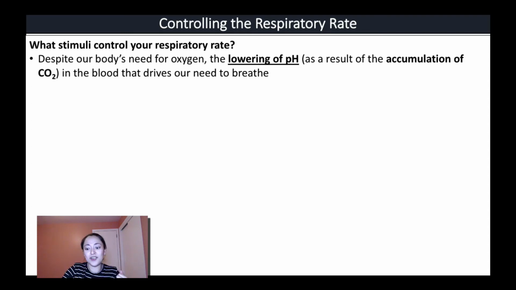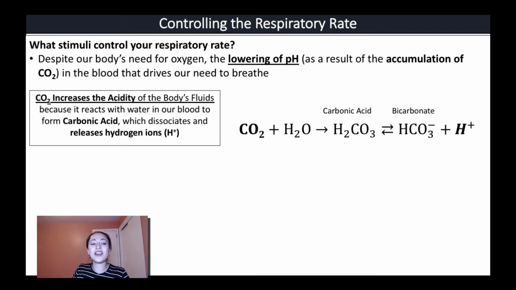You pass out first. It is really important to understand the relationship between carbon dioxide and the acidity of your blood. So remember that carbon dioxide always increases the acidity of your bodily fluids. And this is because your blood is mostly water. When carbon dioxide mixes with water, it quickly forms a molecule called carbonic acid.